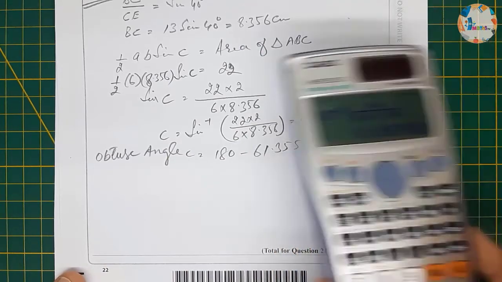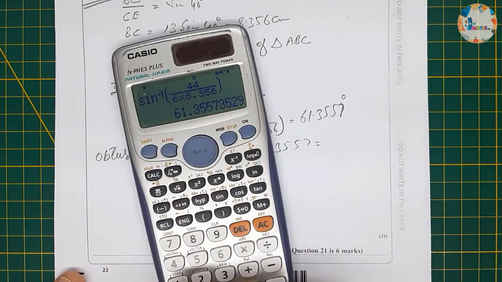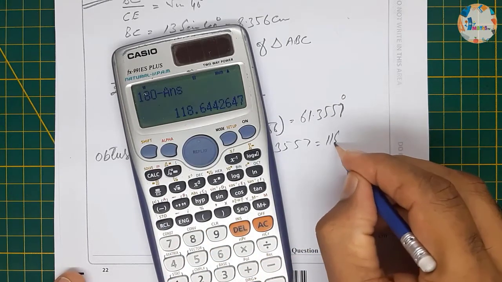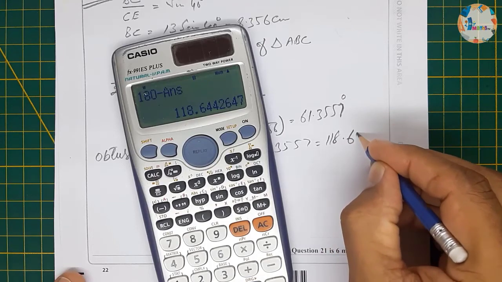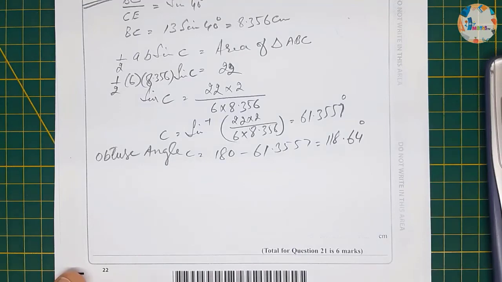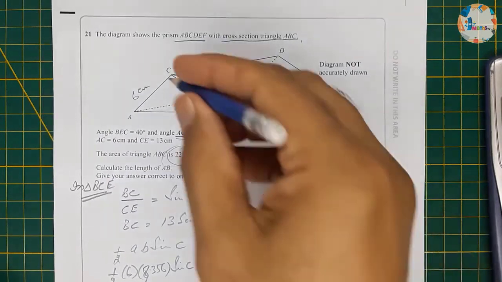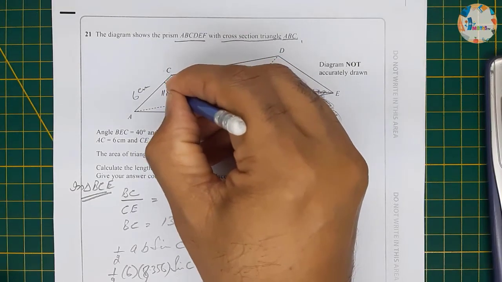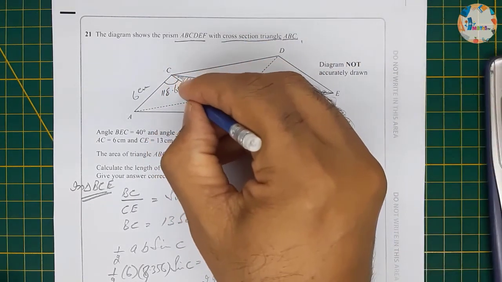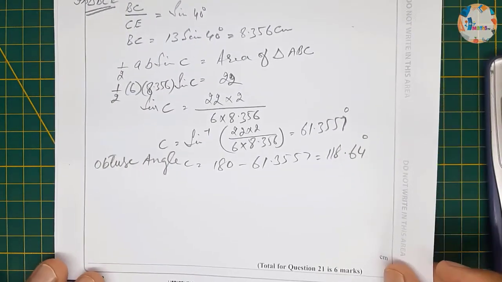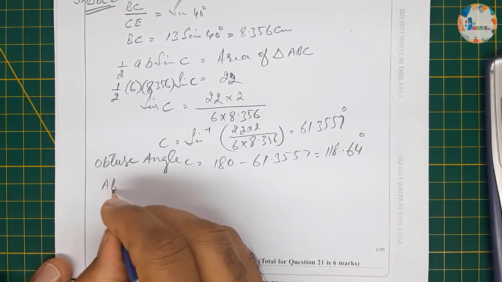So 180 minus this answer will be giving us 118.64. So this much angle. So we got this angle which is 118.64.